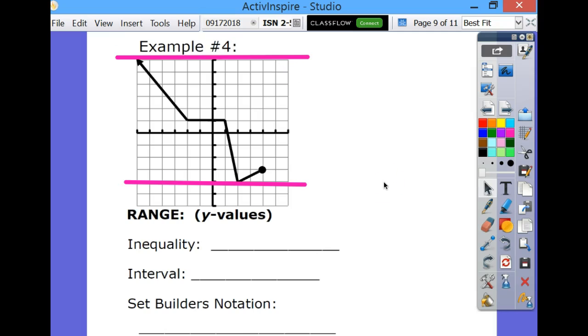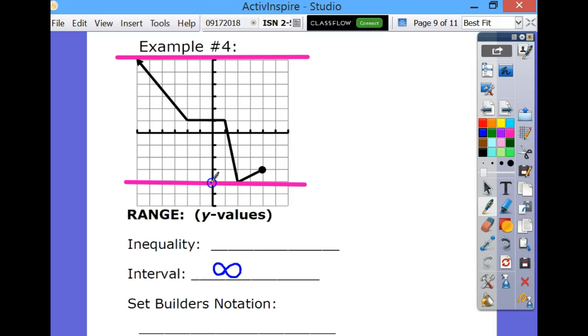Does it stop there? How far does it go up? It goes up to infinity. Now, hold on. It goes up. Up is positive. And so it goes up to infinity.